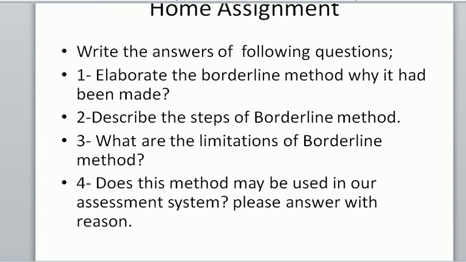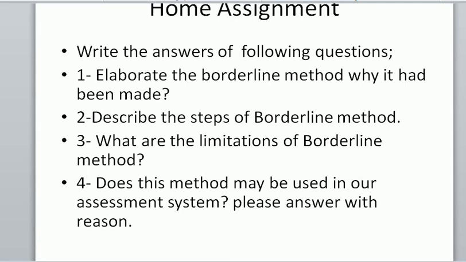Number 2. Describe the steps of the borderline method. Number 3. What are the limitations of the borderline method? Number 4. May this method be used in our assessment system? Please answer with reasons. Whatever your arguments, whether you are in favor of or against this method, please give arguments and reasons to support your answer.